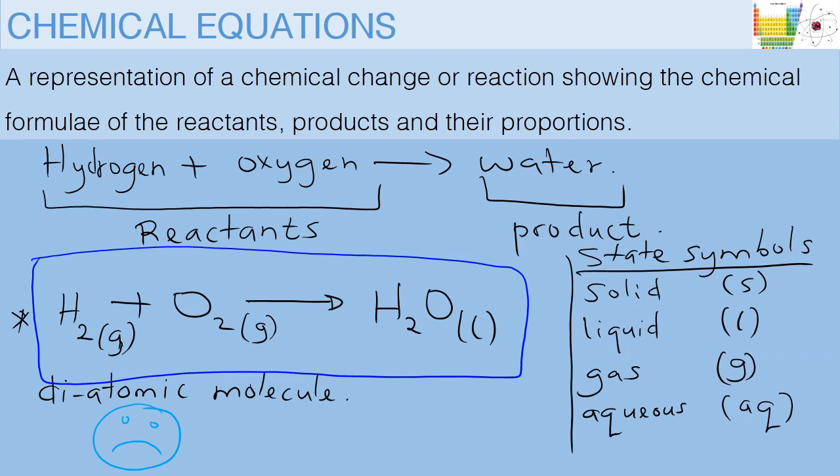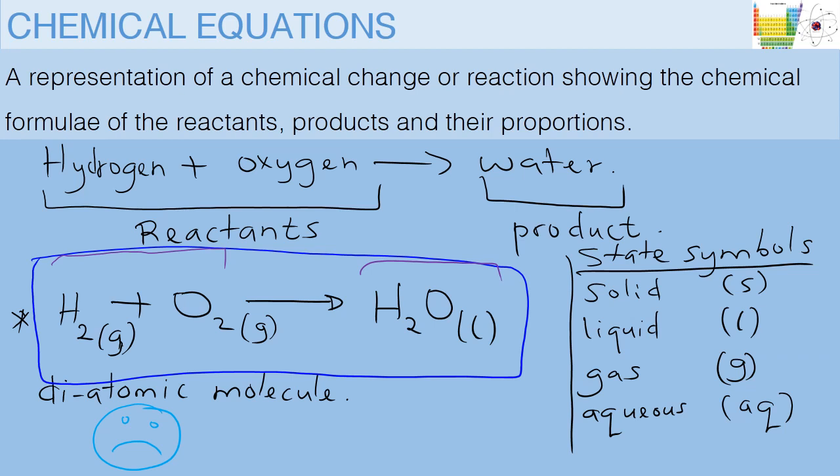Now, for us to balance this equation, we will need to understand that for a chemical equation to be balanced, the number of atoms on the reactant side and the number of atoms on the product side must be equal.